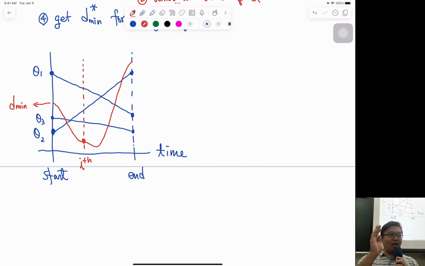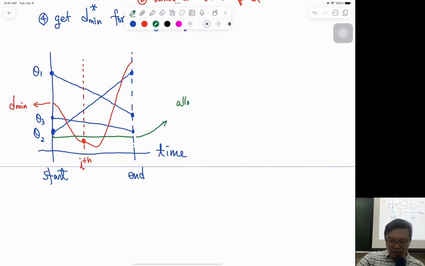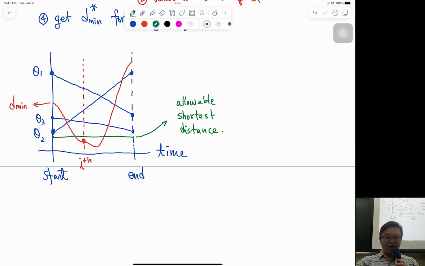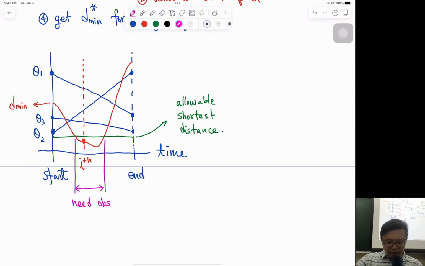Maybe there is one allowable shortest distance. Let me use a different color. Maybe this is the allowable shortest distance. If that's the case, that means within this region, I need obstacle avoidance.